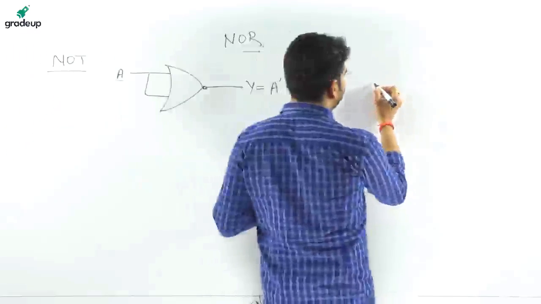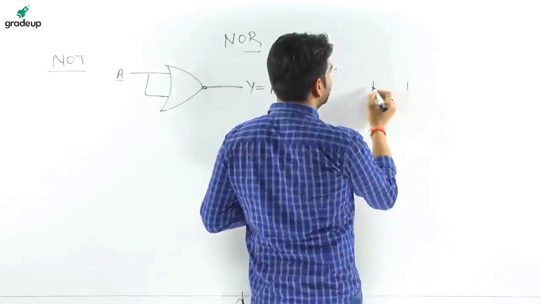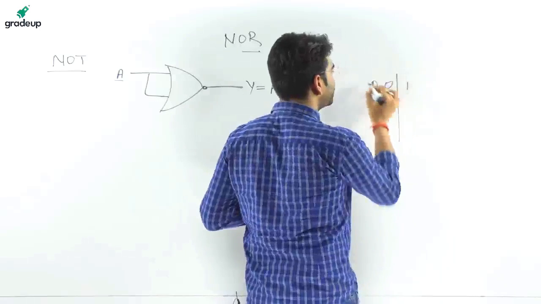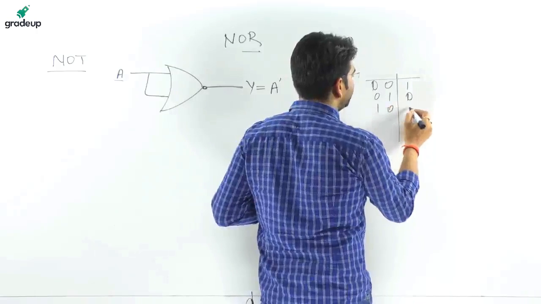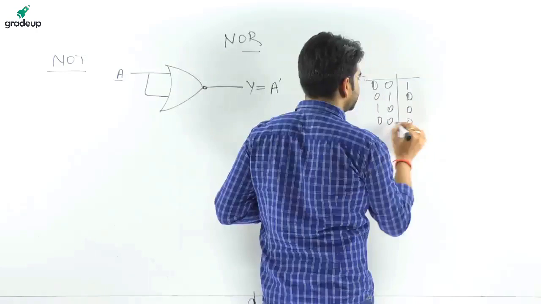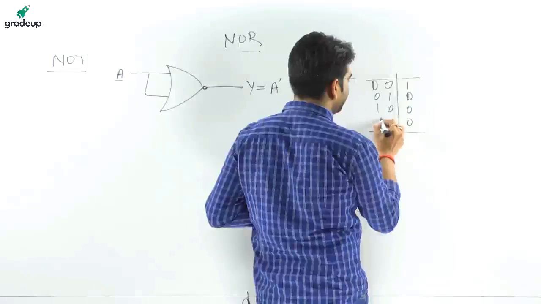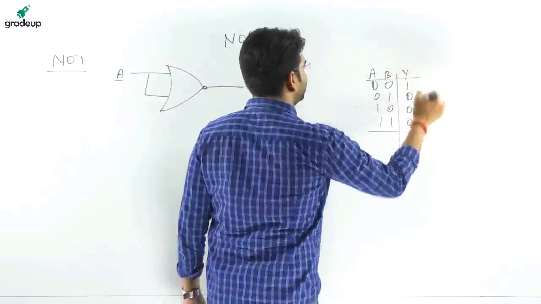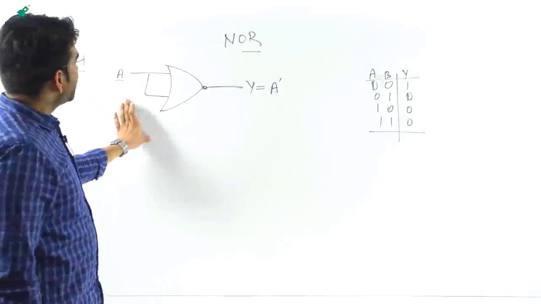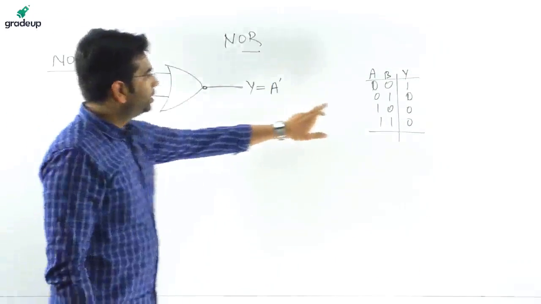Okay, I draw the truth table again. It was 0, 0, again 1 came, 0, 1, again 0 came, 1, 0, 0, and 1, 1 is 0 itself. Here it is A, B, and here Y. It was a NOR gate. Both the inputs are the same.